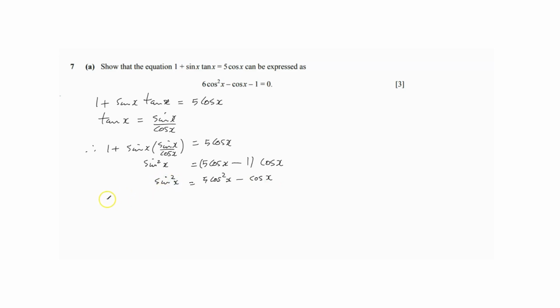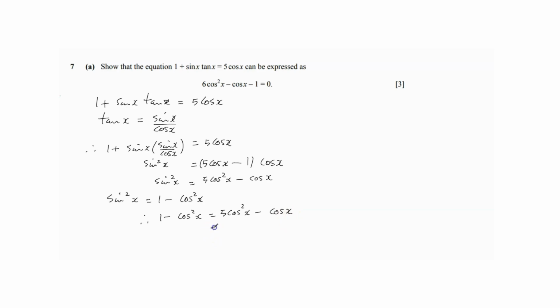But we know that sine squared x is equal to 1 minus cos squared x. So we can write sine squared x equals 1 minus cos squared x. Therefore, we can have 1 minus cos squared x equals 5 cos squared x minus cos x.